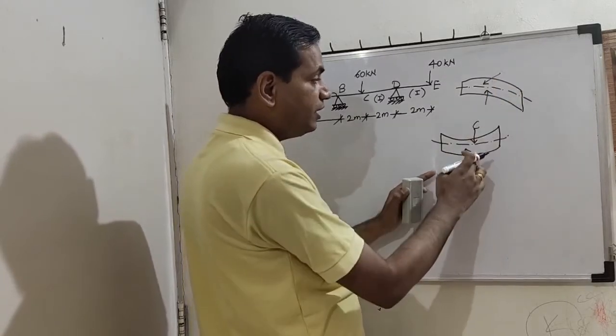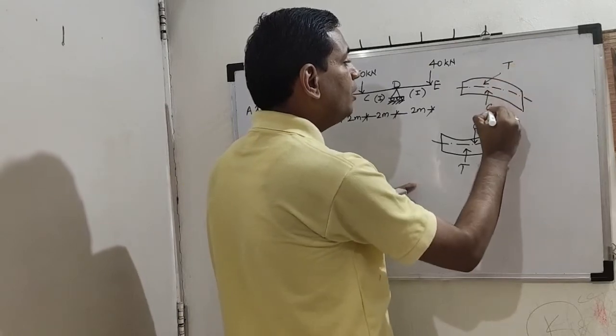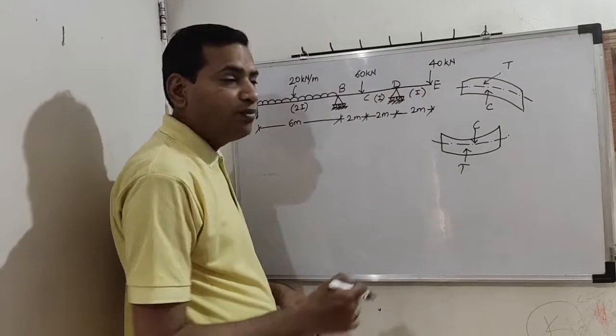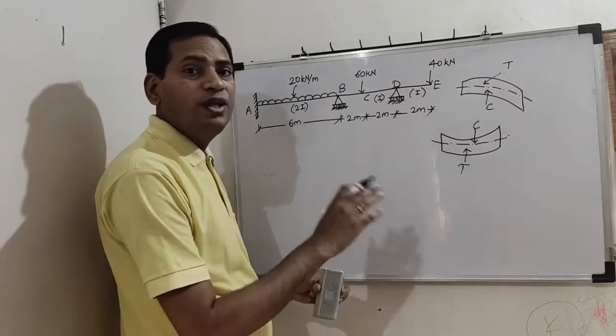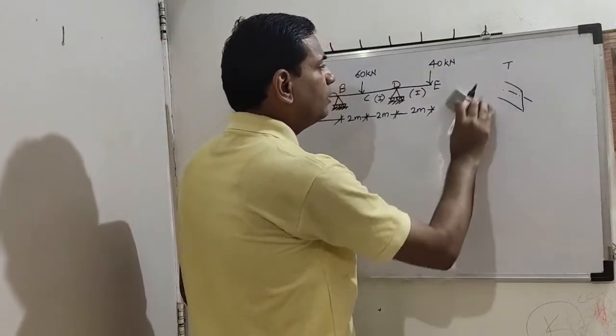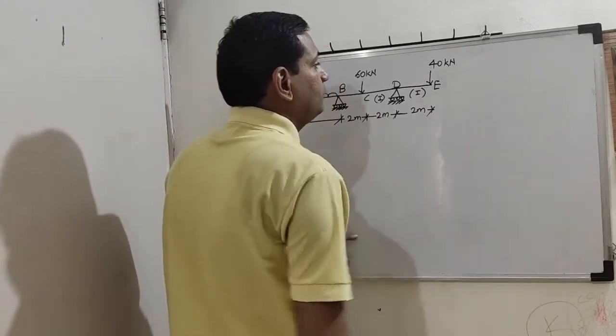This part is exactly opposite of this bending. So here it will be tension and here it will be compression. So there will be a moment of minus 80 kilonewton, 14 to 2 on support D, which is a free moment. Okay, this is a free moment and that will be treated as the final moment.